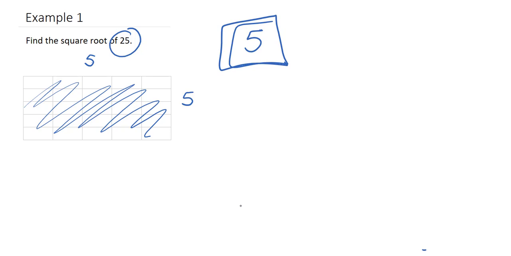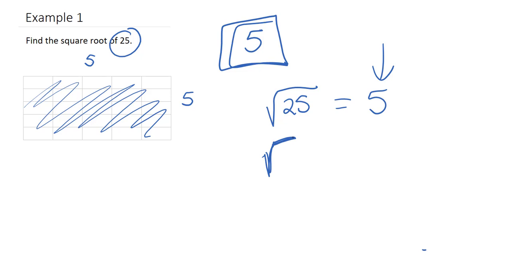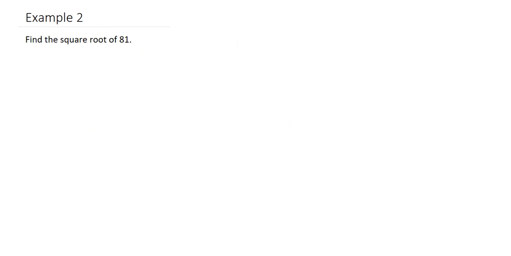All we're doing is taking the square root of 25, so that looks like this, another way to see it, and that would equal 5. You can also see it as a sign halfway over the 25 like that, which would indicate the square root of it, which would be 5. So let's go ahead and look at the next example.